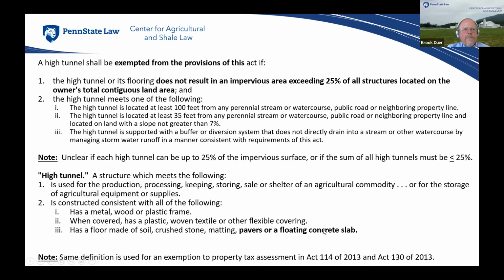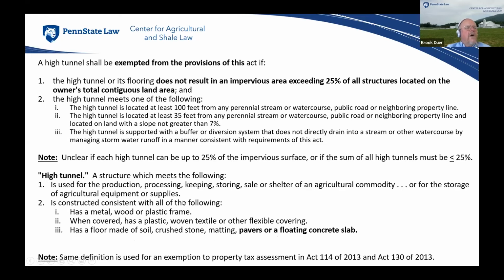You're talking about something with a clearly impervious floor that is the subject of much capital investment and is not mobile, not capable of being removed. This is not what people would envision as a high tunnel.